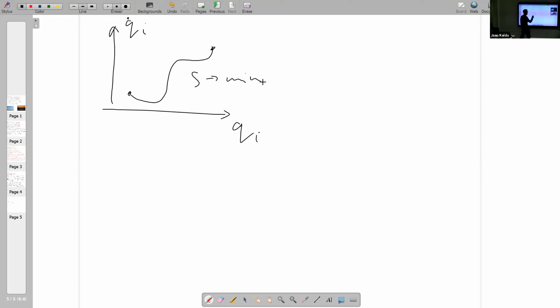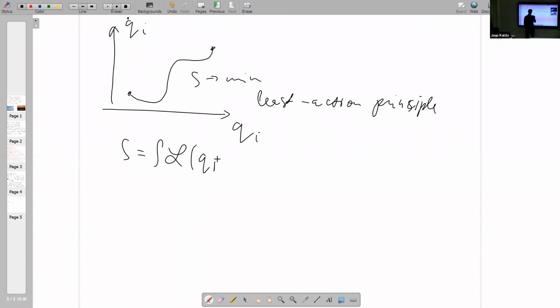And action S is the integral of L, but L now depends on coordinates q_i, q_i dot, and in principle it can also depend on time t if you are non-stationary, dt. And this must be minimal.